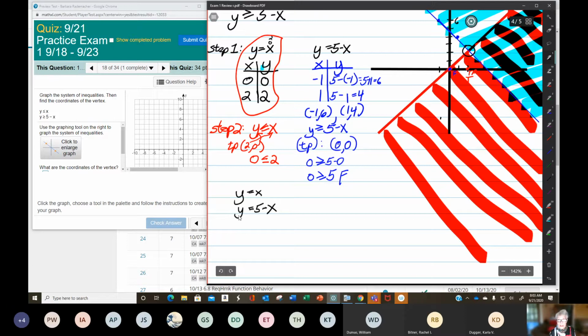We know that y is y, so I'm going to use the equation x equals 5 minus x and solve for x. 2x equals 5. x equals 5 over 2.